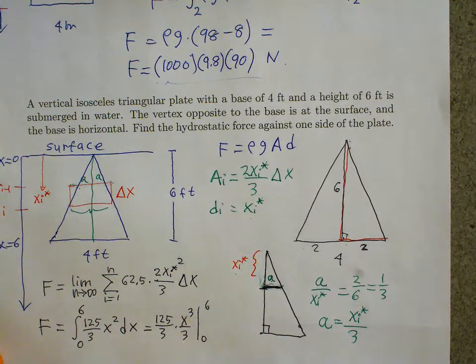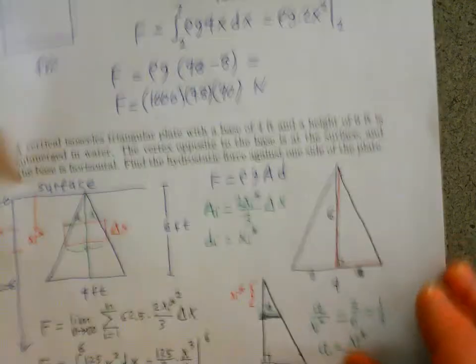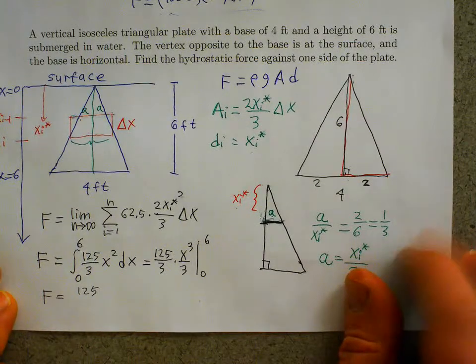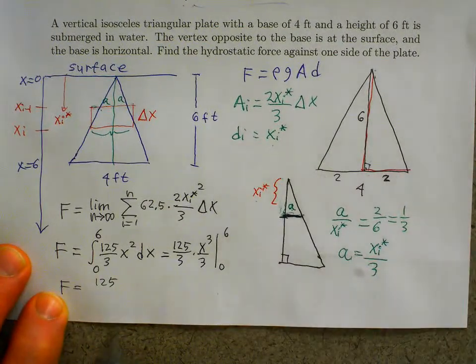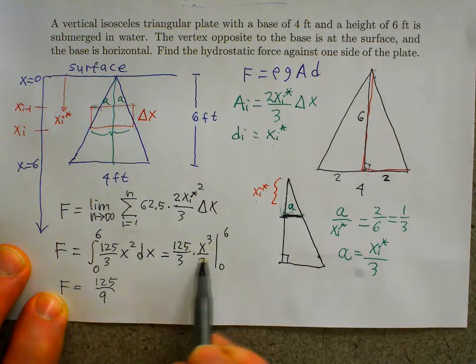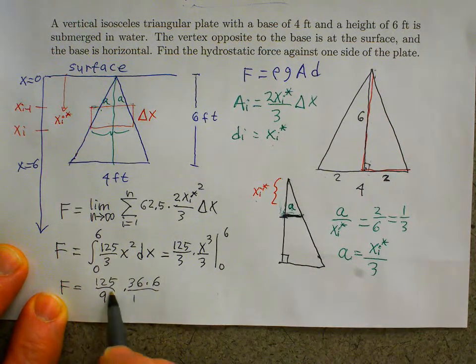So this is what? 6 to the third is 216. But I'm going to think of 6 to the third as 36 times 6, because 9 goes into 36 4 times.